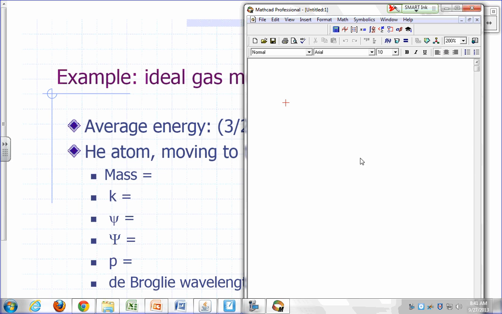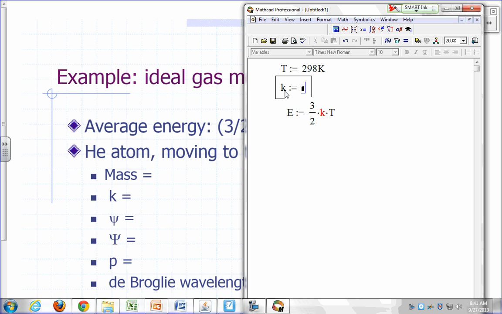Alright, so let's define our energy. Let's say we're looking at an average helium atom in a sample at room temperature. The average energy of a helium atom would be 3 halves kT. And at temperature T, we're going to assume we're at 298 Kelvin. And we have to tell it what k is.